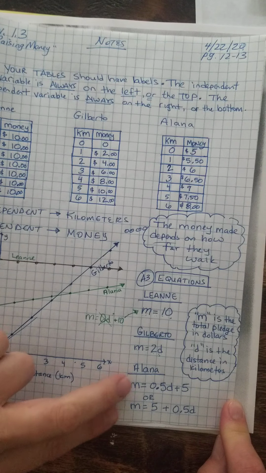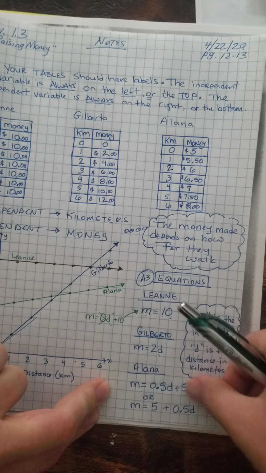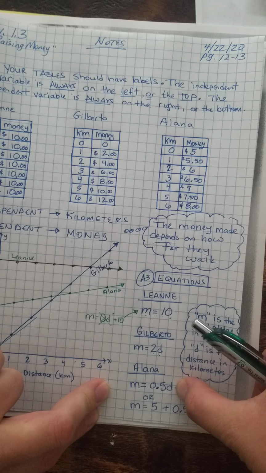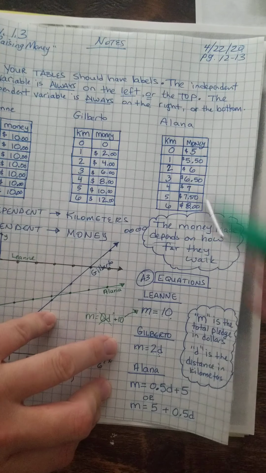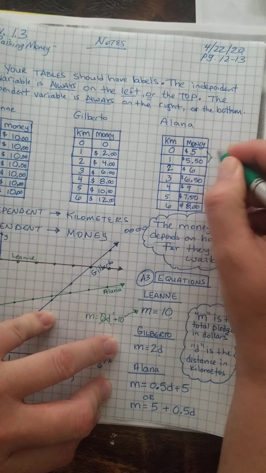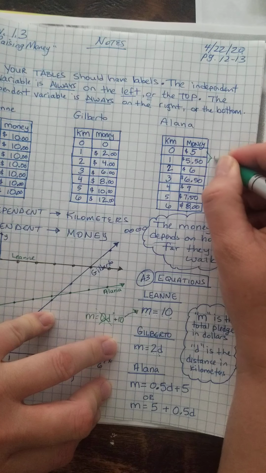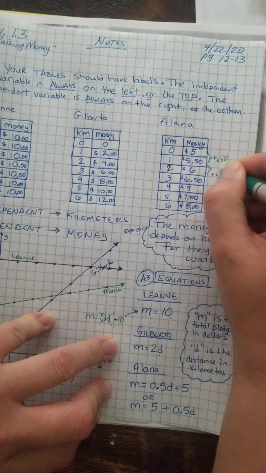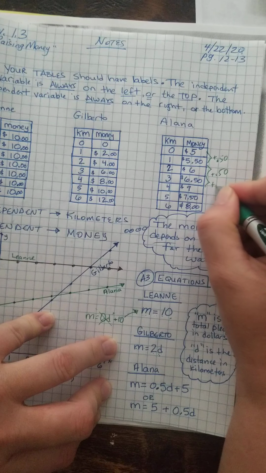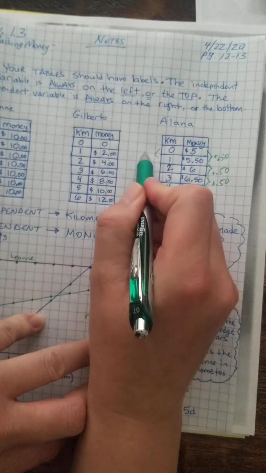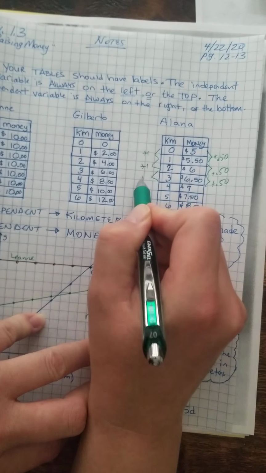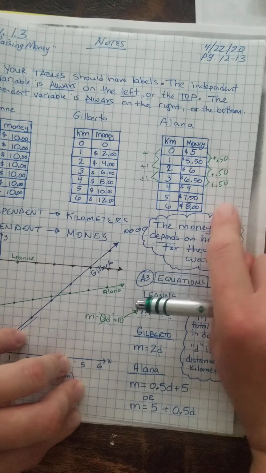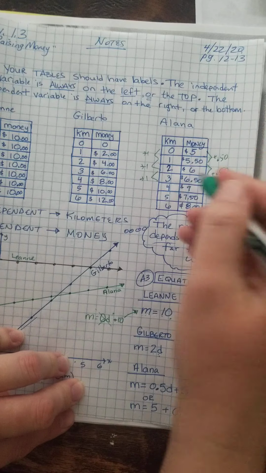We know that she's making 50 cents, right? If I go up to the data table, I see that it's plus 0.50, plus 0.50, plus 0.50, and that's happening for every kilometer that she walks. So I'm adding 50 cents every single time.